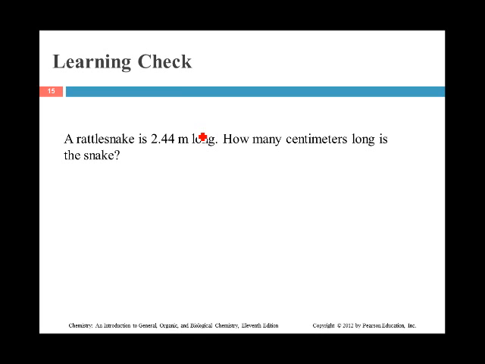So if we take a look at the rattlesnake, which is 2.44 meters long, try to figure out how many centimeters that is. From our chart, we realize that 100 centimeters is equal to 1 meter. So we have 2.44 meters over 1.